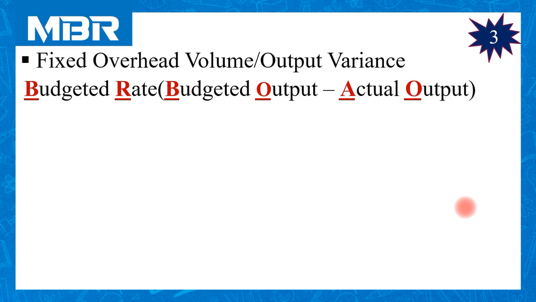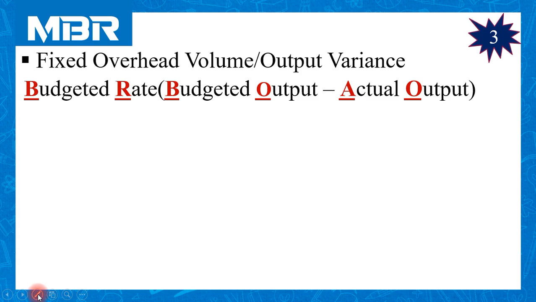At the time of discussion of concepts of the fixed overhead in the previous session, I discussed that we need to use different rates at a different point of time. Here, budgeted rate is mentioned, but we need to calculate for output or volume, and even in the bracket, information related to the budgeted output minus actual output is given.